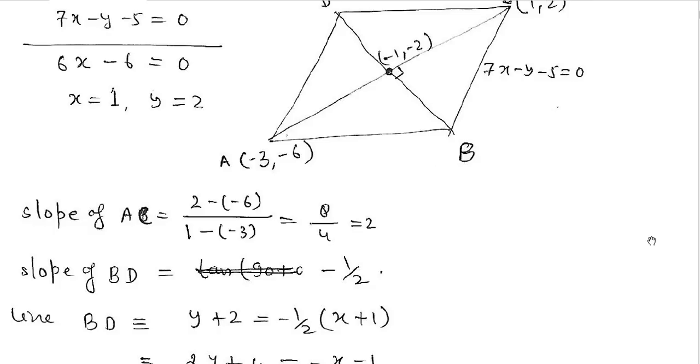So this is the IIT JEE Main 2006 mathematics paper solution, and this is question number 31. Here we have a rhombus.